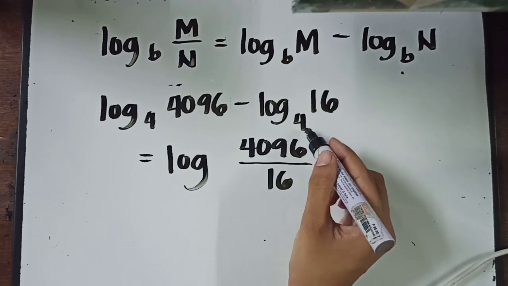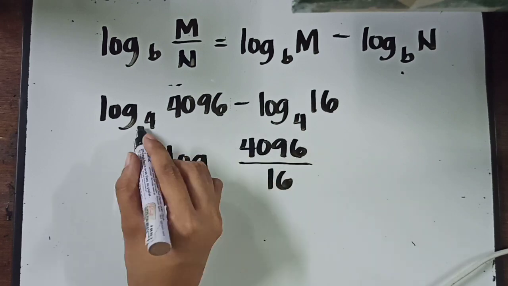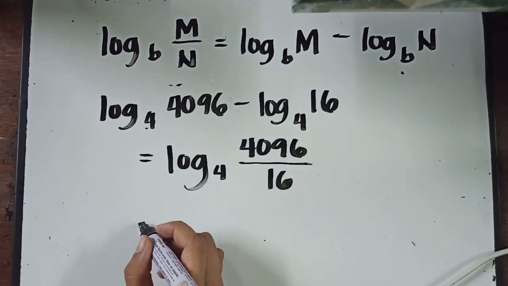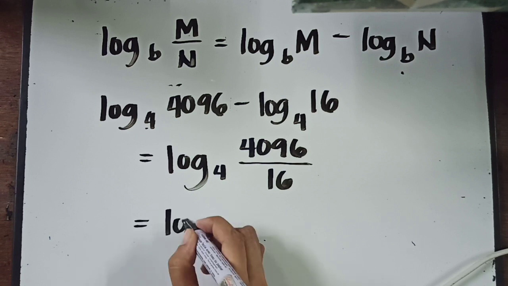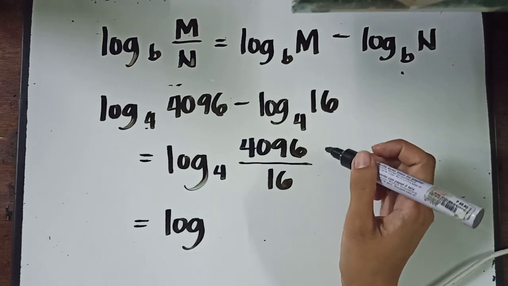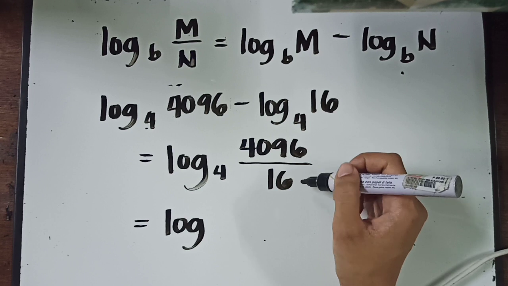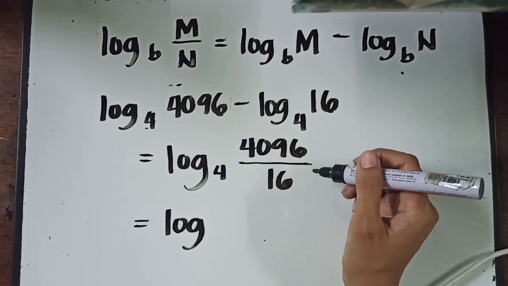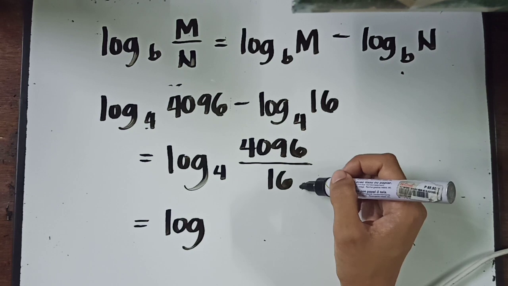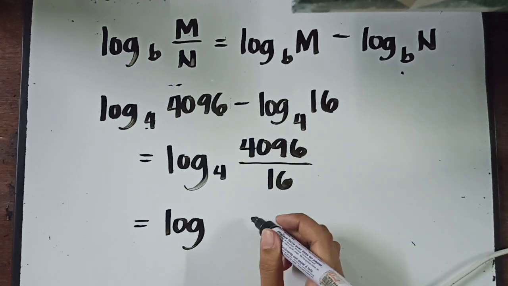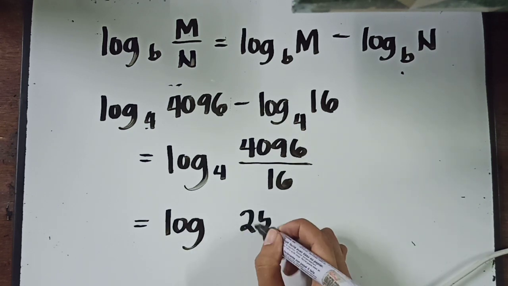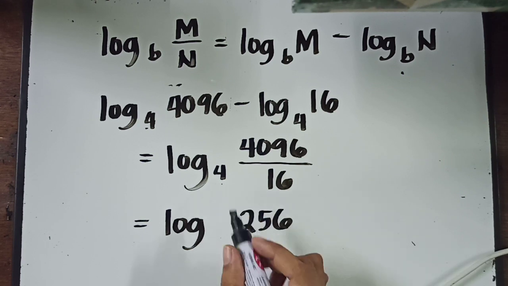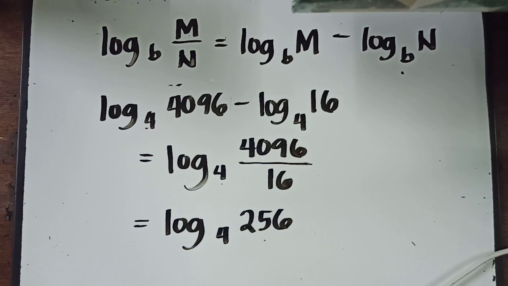Okay, and ano yung base natin? So magkatulad na base, which is 4. Okay, so next, the logarithm of this 4096 over 16 ay pwede nating i-lowest term or i-simplify, okay? So, 4096 divided by 16, so that is equal to 256. Okay, and then the base is 4.